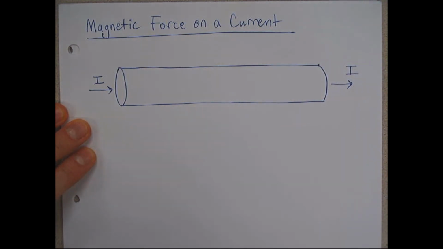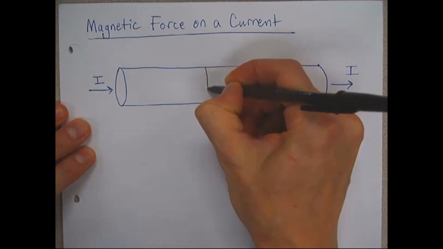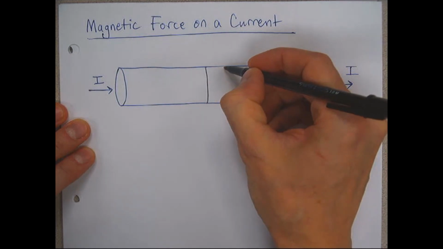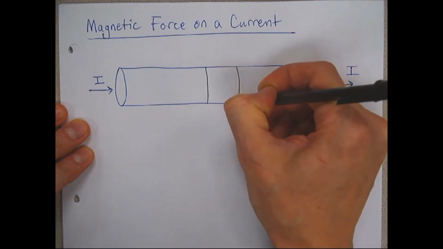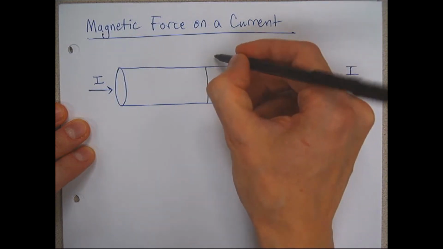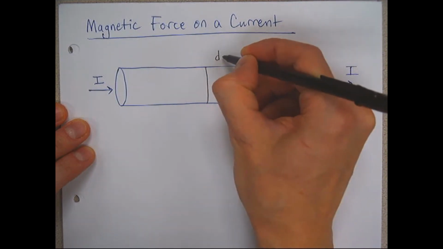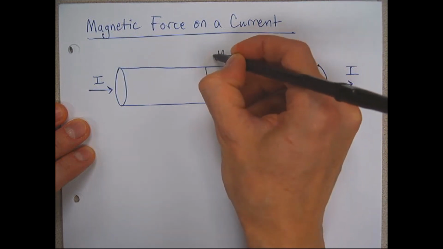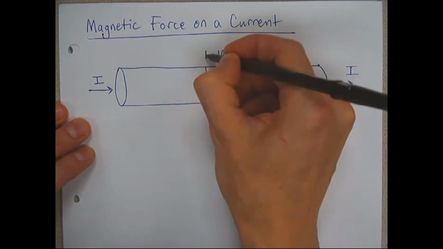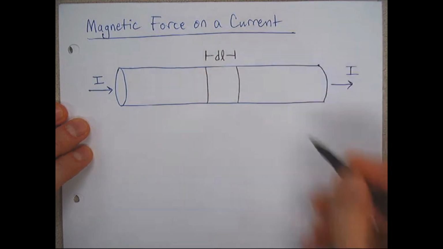We have that standard microscopic view of the electrons bouncing around here in the wire. We'll look at an infinitesimal length of the wire, dl.